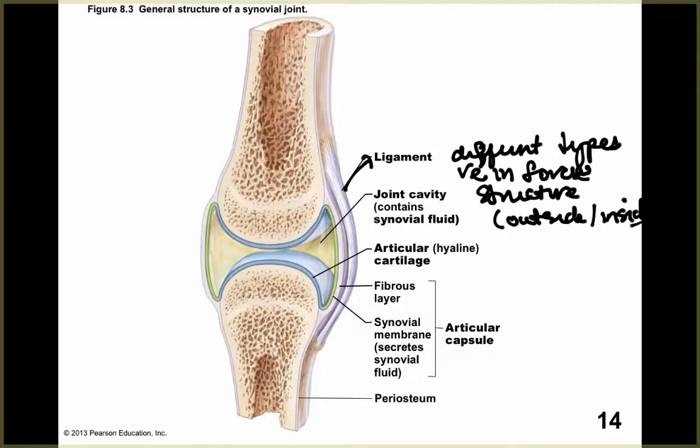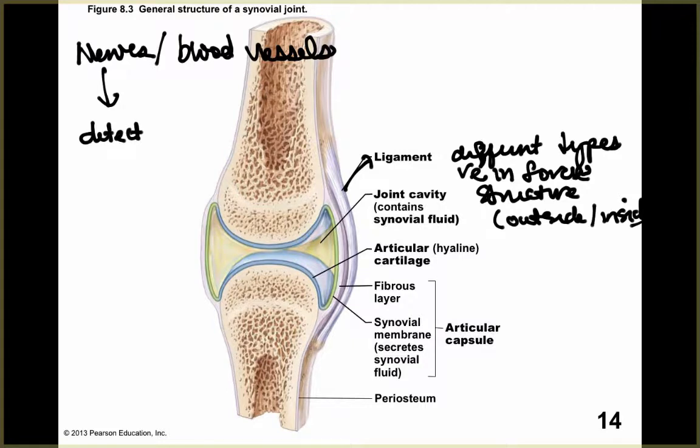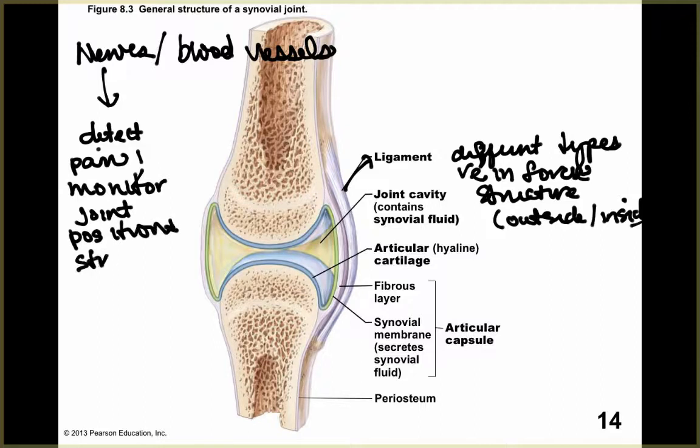And then the last part of all of this that you can get are nerves and blood vessels. So what do you think nerves do? The fibers there detect pain. They help to monitor position and stretch.